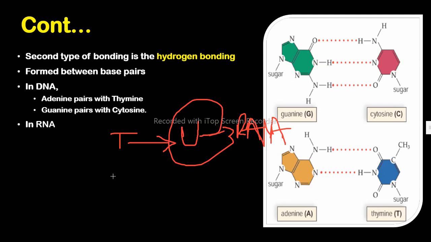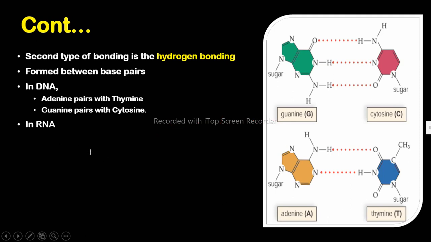So normally, base guanine is going to pair up with base cytosine. Similarly, base cytosine is going to pair up with base guanine. We are going to study all these structures and you shall appreciate.